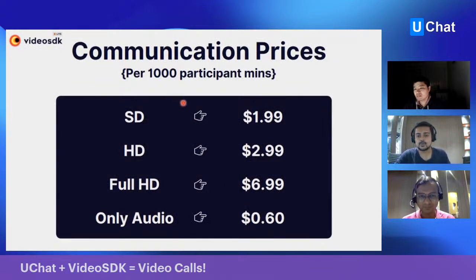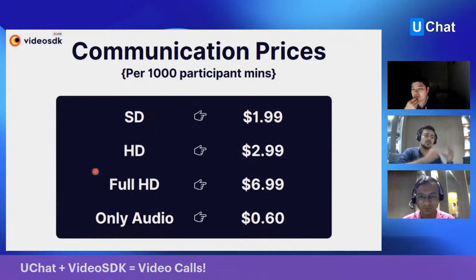Now, prices. They are very simple to understand and are based on the clarity you have. If you want SD calls, standard definition, I think on the mobile version SD quality is more than enough. For SD quality, the cost is $1.99 per 1000 participant minutes. For HD calls, 720p resolution, the cost is $2.99 per 1000 minutes.